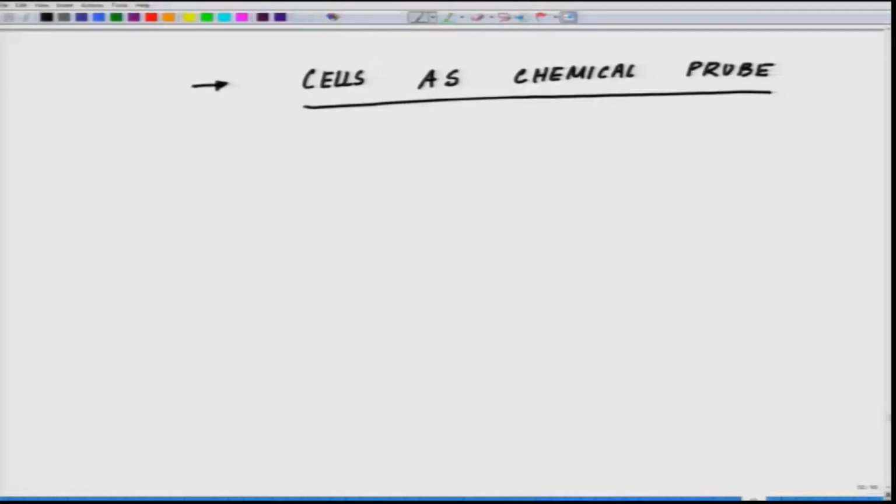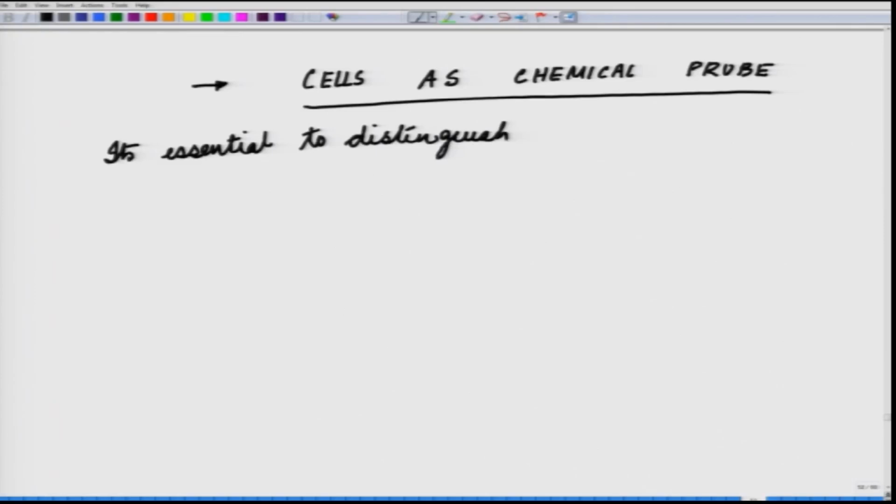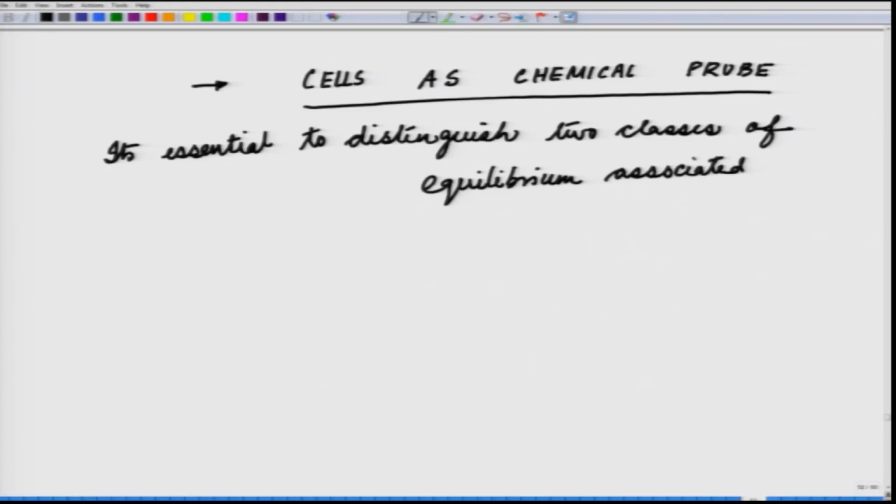So, let us enumerate what all I am trying to highlight here. So, point 1, it is essential to distinguish two classes of equilibria associated with galvanic cells.